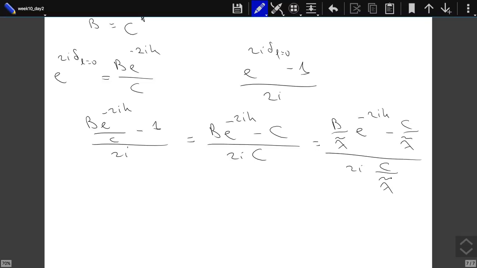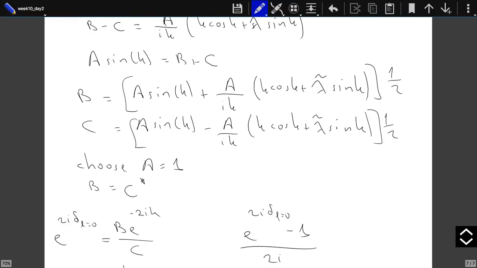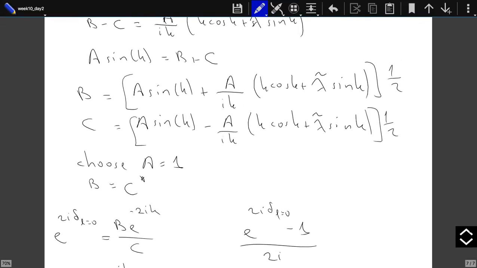The reason why I divided by lambda tilde is that if you look at the expressions for b and c, they just diverge as lambda tilde goes to 0. What we are interested in is, at least we know the solution, that if lambda tilde is infinite, we should have bound states. But for lambda tilde finite but very large, we will have these very narrow resonances. And that is what we are trying to figure out.